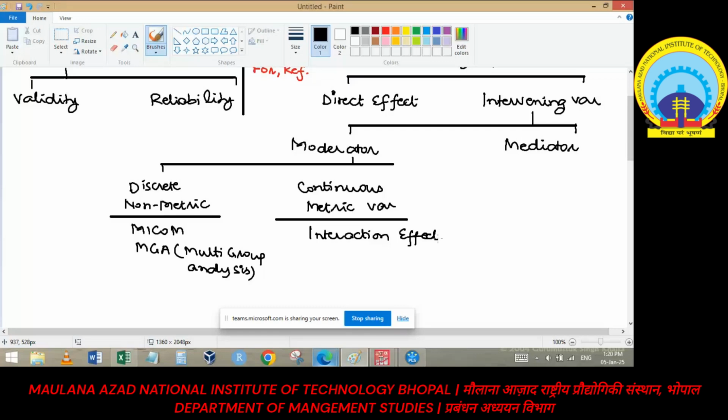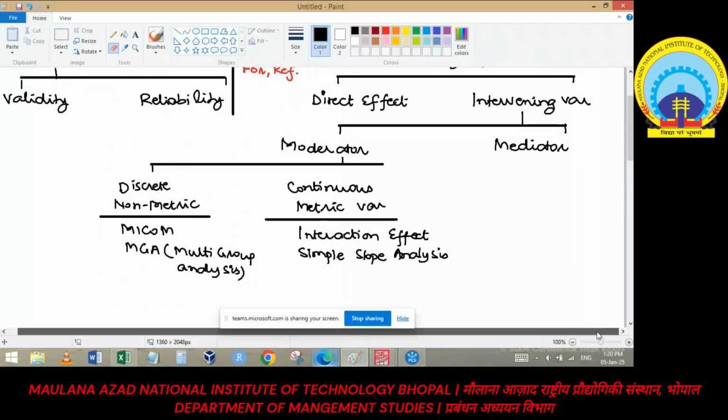Here we make a chart also, called simple slope analysis. I'm sharing all these things, a bird's eye view of the entire SEM, because maybe sometime later you will read papers and find all these things.